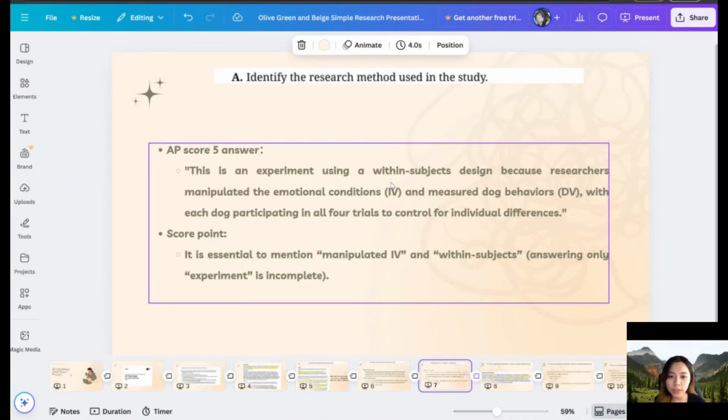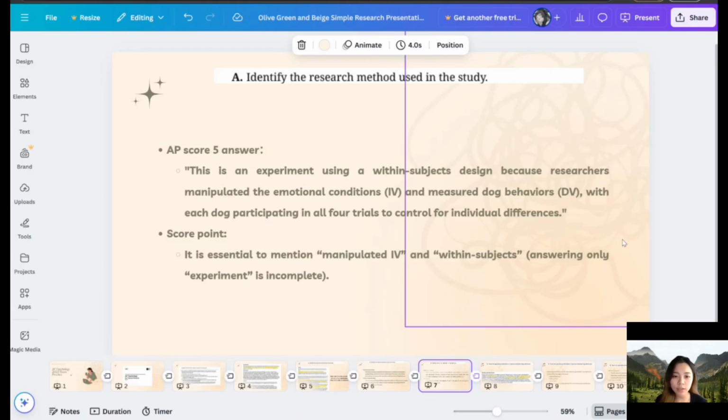This is an experiment using a within-subject design because researchers manipulate the environmental condition, the independent variable, and measure dog behavior. They do the within-subject design with each dog participating in all 4 trials to control for individual differences.